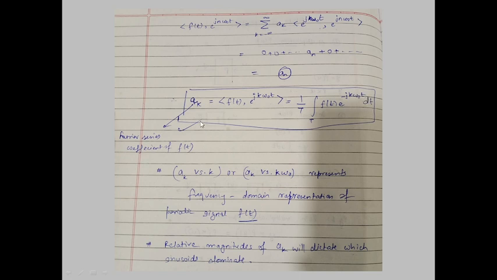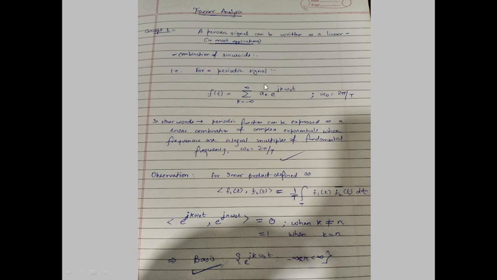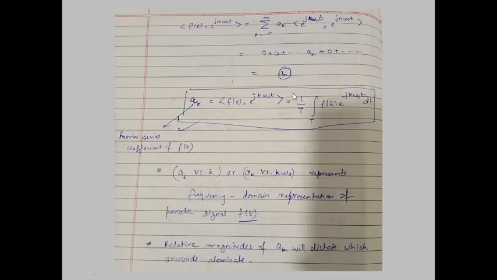Now if we plot a_k versus k or a_k versus k omega naught, that is known as frequency domain representation, and the relative magnitudes of a_k suggest which sinusoids will dictate the overall formation.